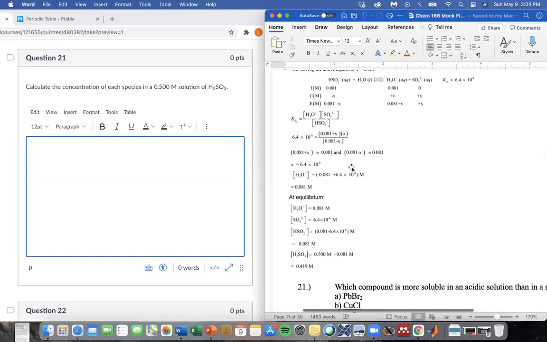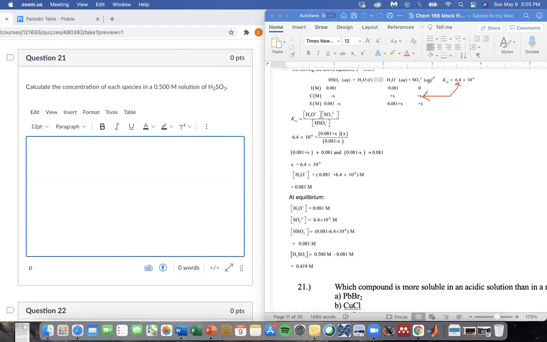The important thing to take away from this problem is that if you ever get a question about the second ionization of a diprotic acid, or the third of a triprotic acid, your X value is always going to be equal to your Ka2. So for the second proton loss of a weak diprotic acid, your X value is always equal to your Ka2.